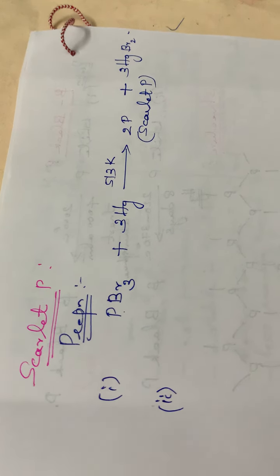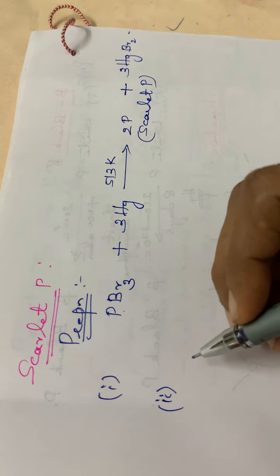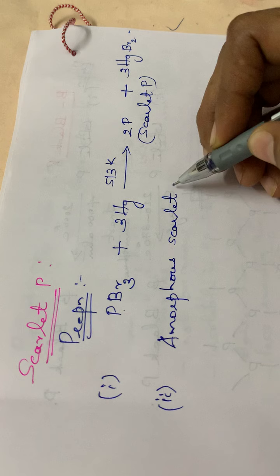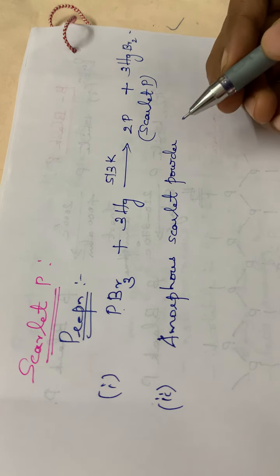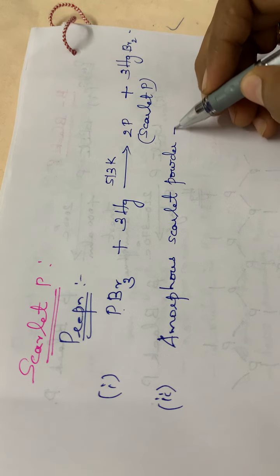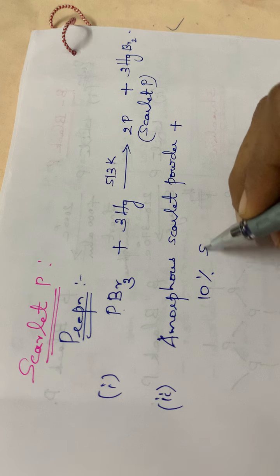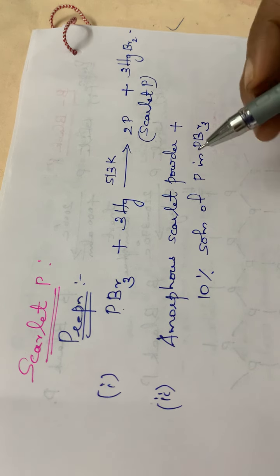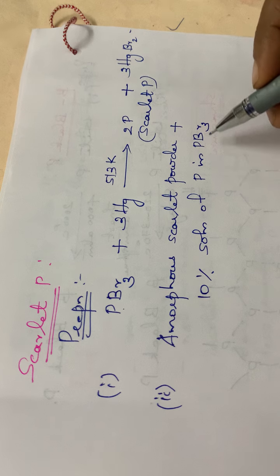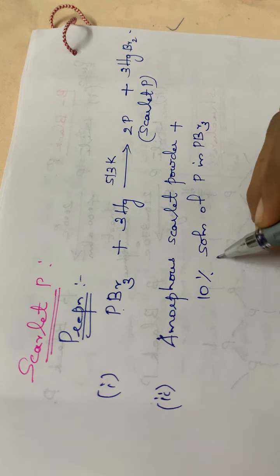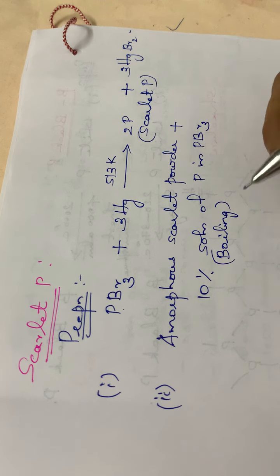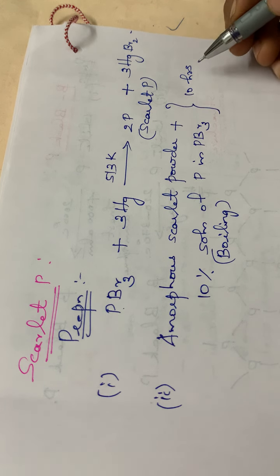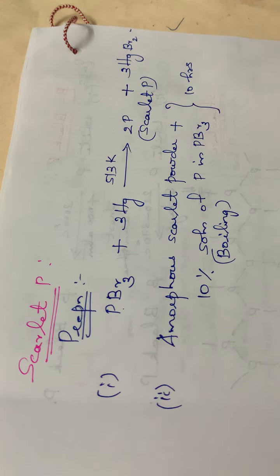Then the second method of preparation: it can be prepared by heating amorphous scarlet powder with a 10% solution of phosphorus in PBr3. So a mixture of amorphous scarlet powder plus a 10% boiling solution of phosphorus in PBr3 for about 10 hours, and we will be having scarlet phosphorus.